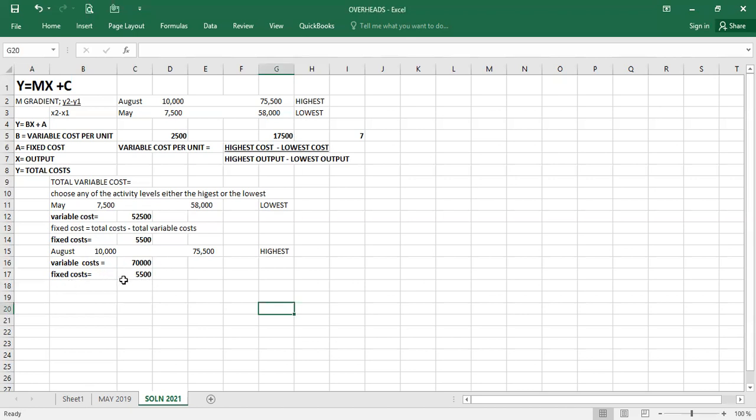We incurred the same amount of 5,500, even when the level of activity was 7,500, we incurred the same total fixed cost of 5,500, and that happens within a relevant range.